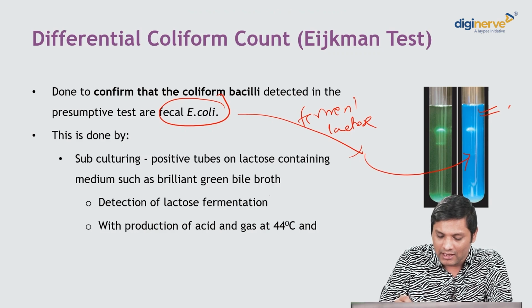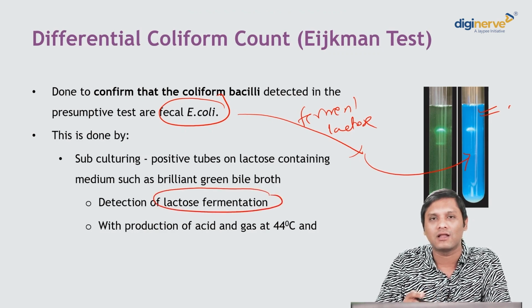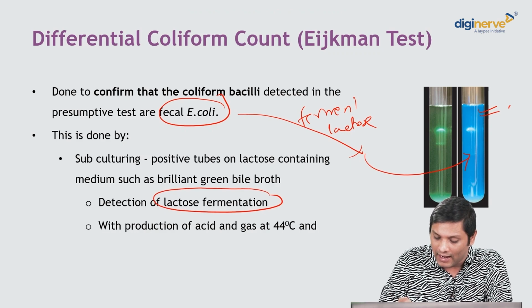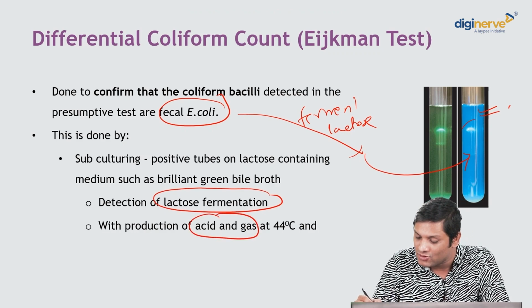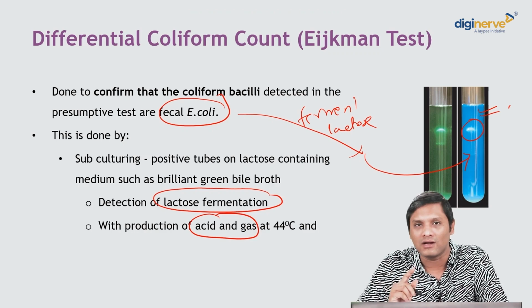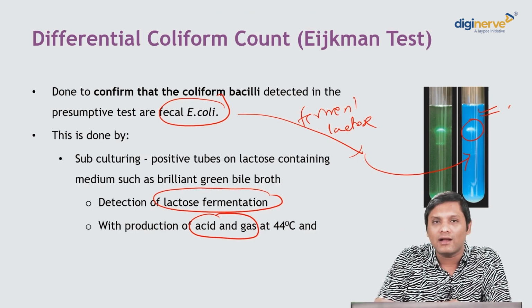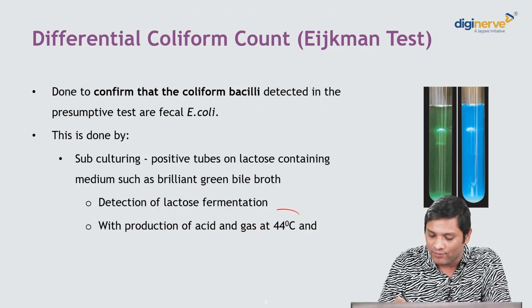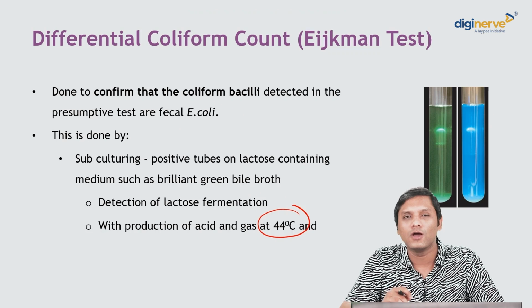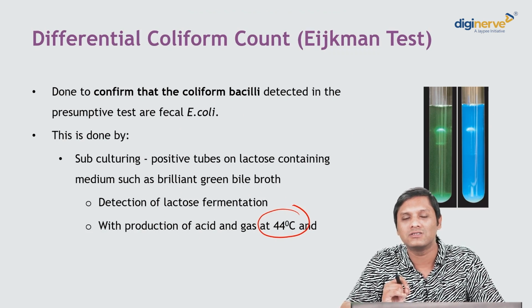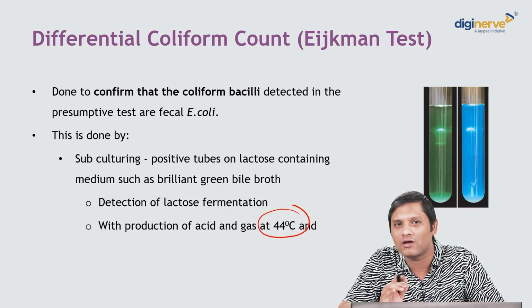So you can see that lactose fermentation will change the color from green, and also the production of acid and gas you will come to know by putting a Durham's tube, and you have to do the entire testing at 44 degrees centigrade, because thermotolerant E. coli, you have to know whether the Escherichia coli is thermotolerant or not.